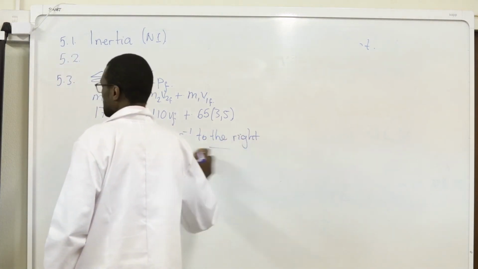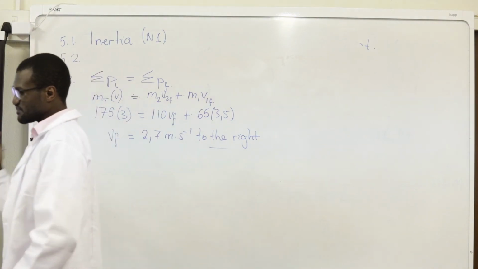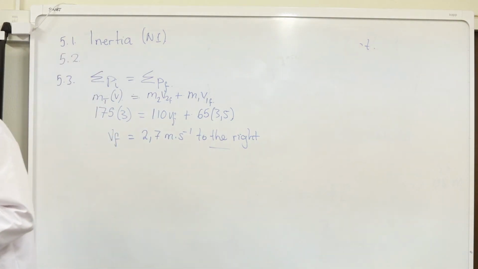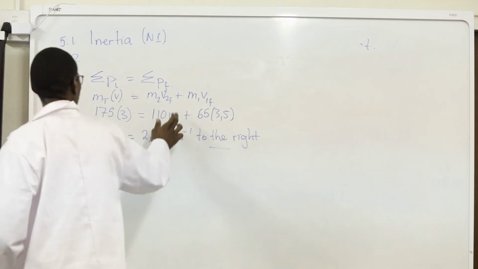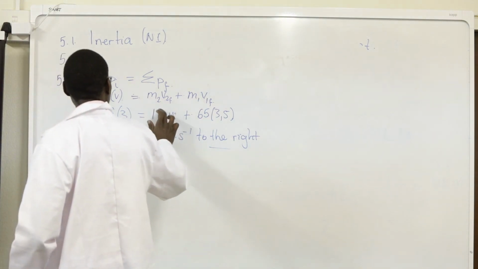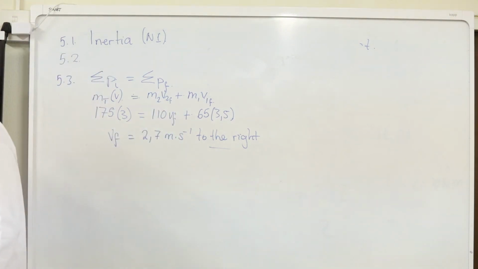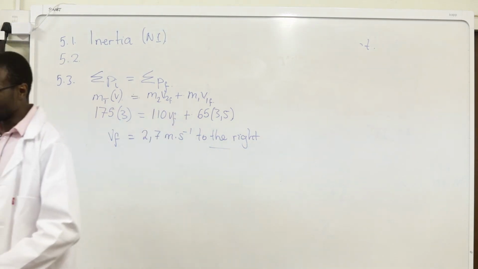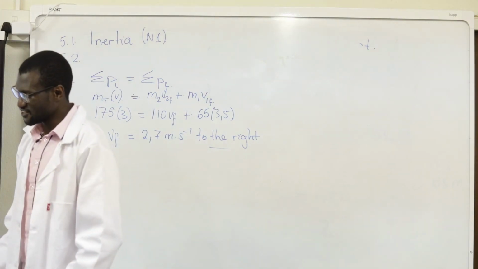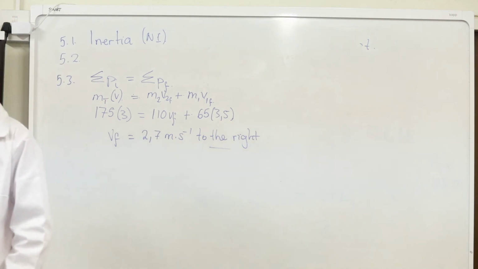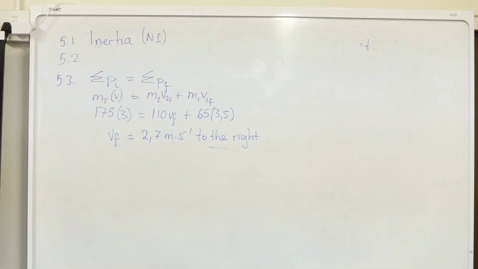Okay, which is in this direction. That's the final velocity that the trolley and one of the boys continue with. All right, that's an excellent example that we can look at and think about in terms of momentum.